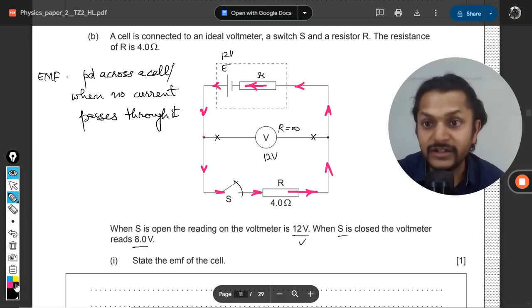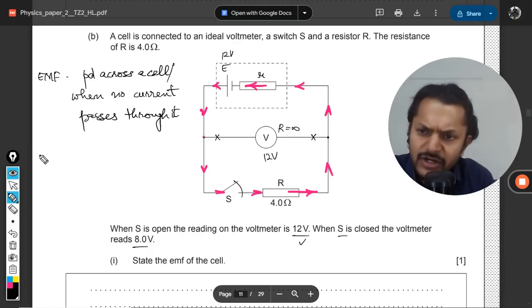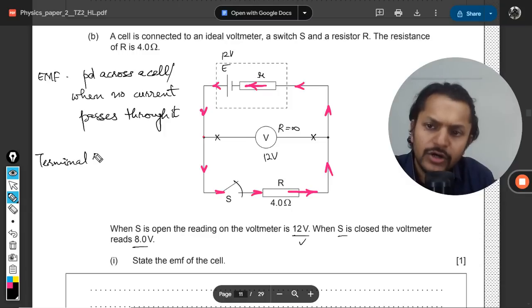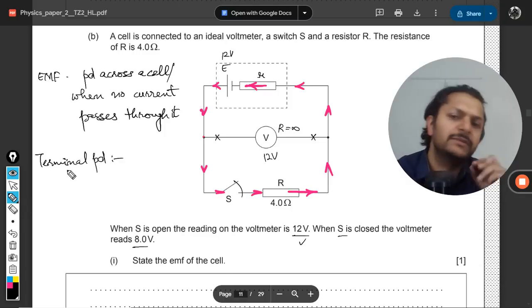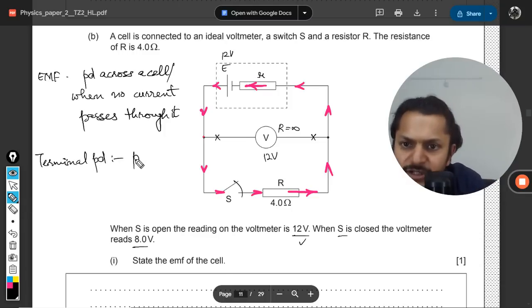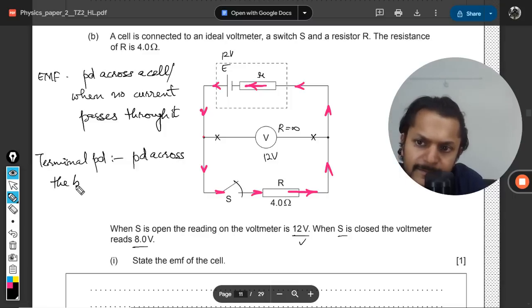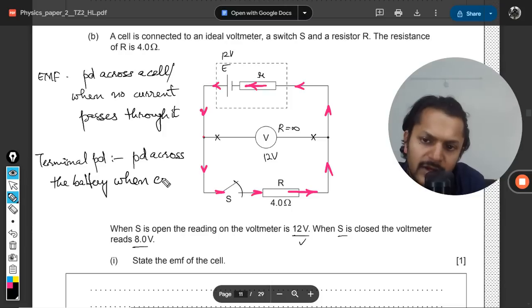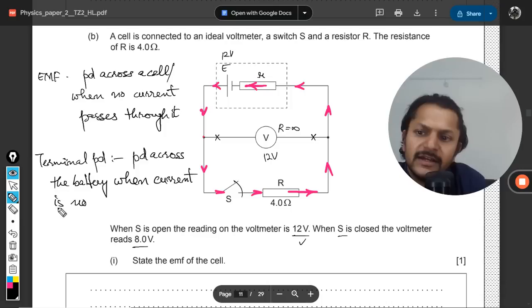Okay, now another very important definition: terminal voltage, or terminal potential difference, is the same thing. So this is the potential difference across the battery when current is not zero.